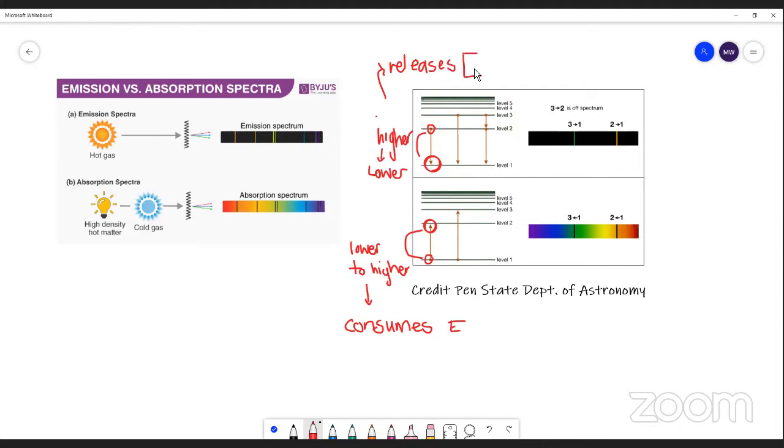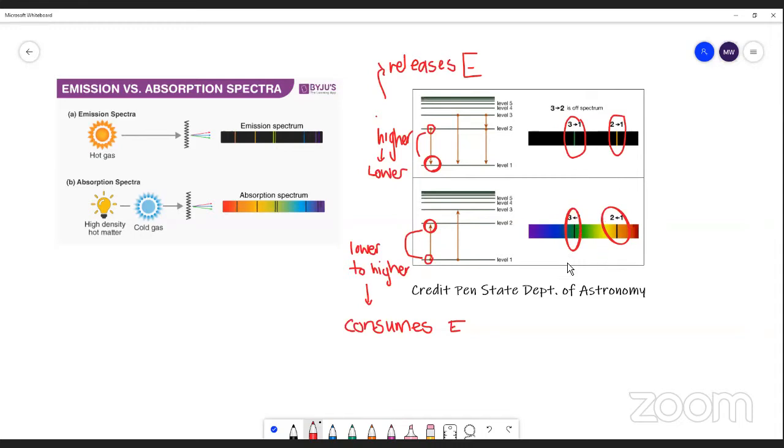The difference between them is that you will see they have little stripes at the same place, but they just look different. For an emission spectrum, you will have a black band, and then colored lines in between it. Those colored lines indicate the frequency, because each color has a specific frequency.